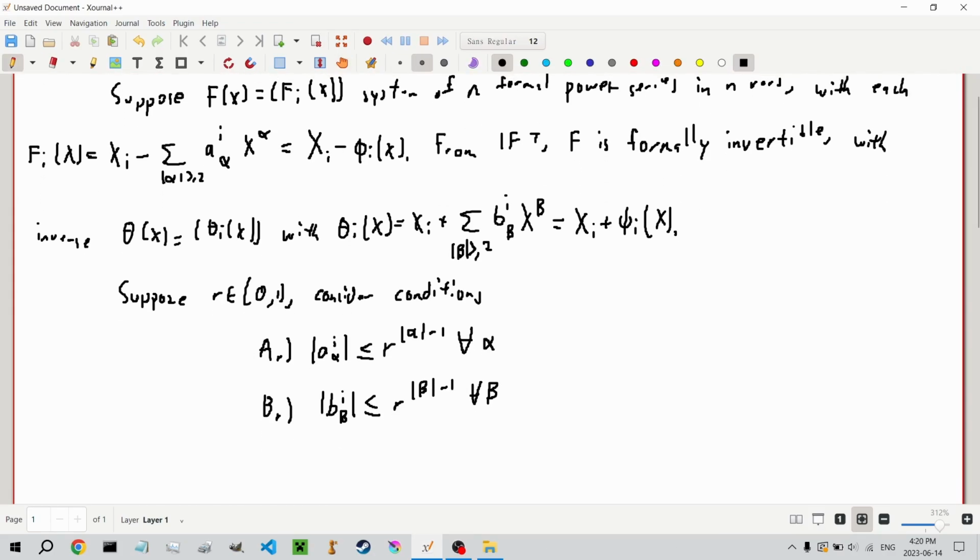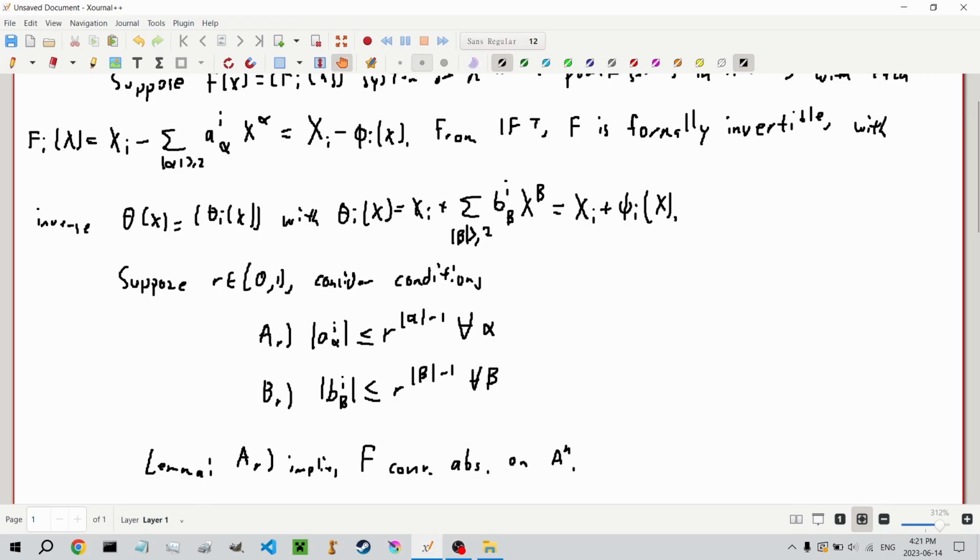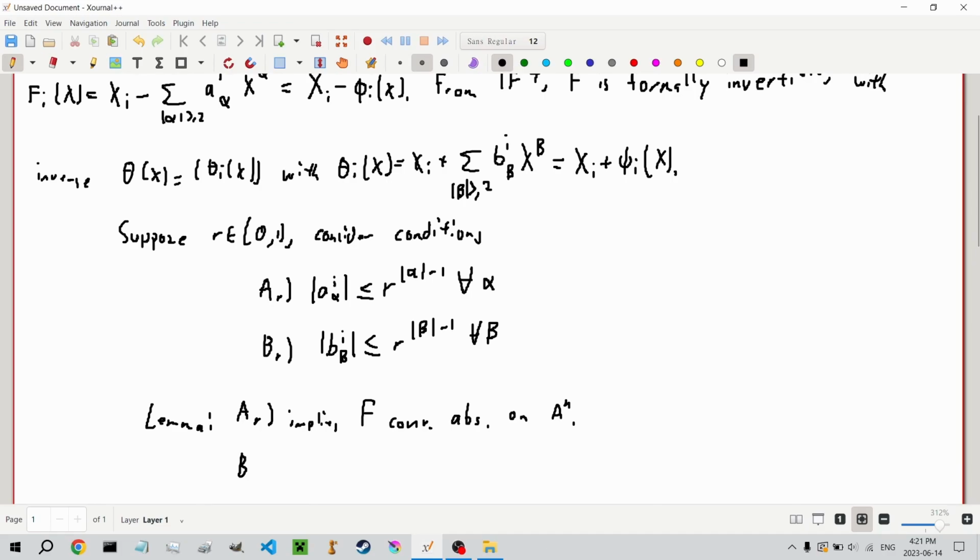And this brings us to a lemma that, first off, AR implies that f converges absolutely on A to the n, and likewise that BR implies that theta converges absolutely on A to the n.